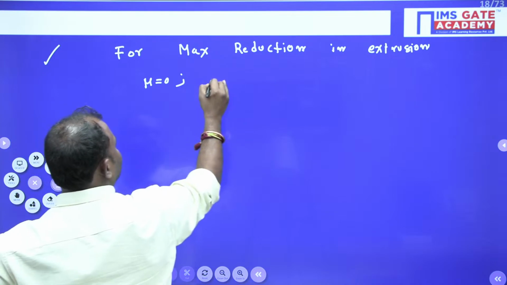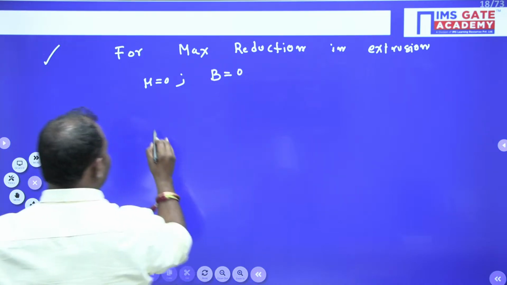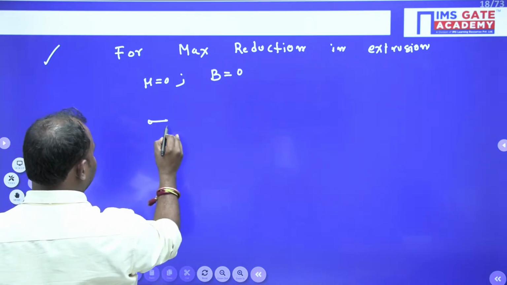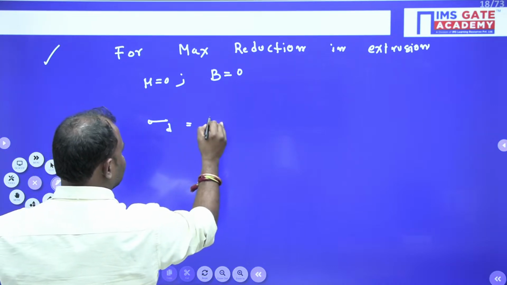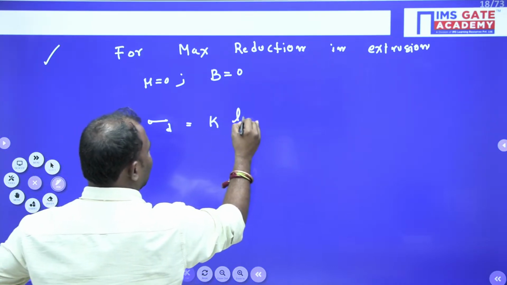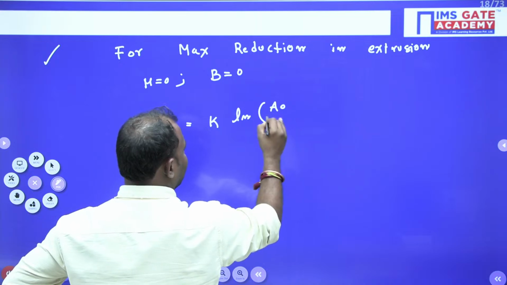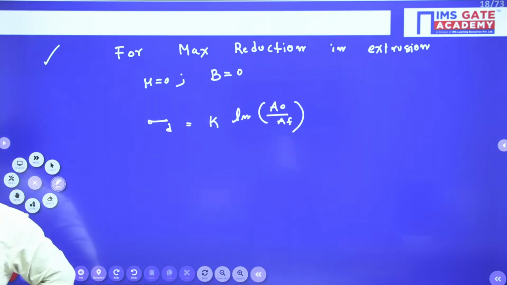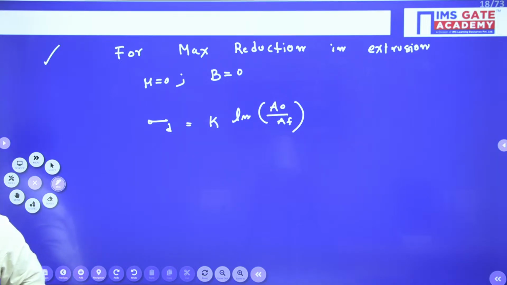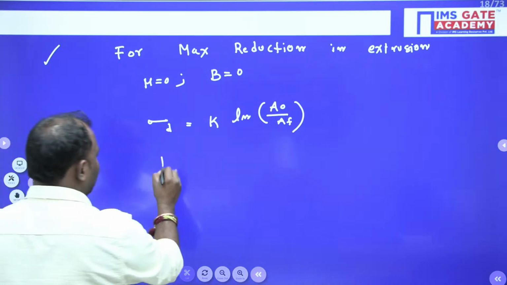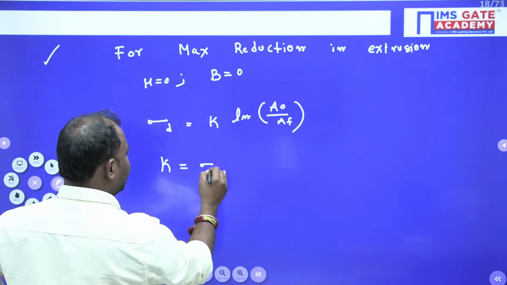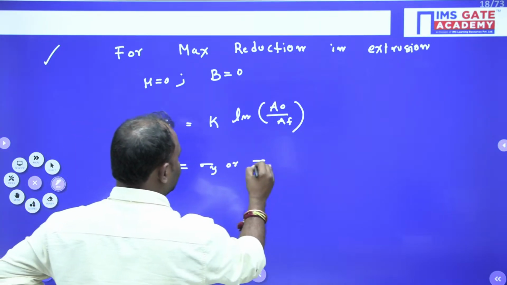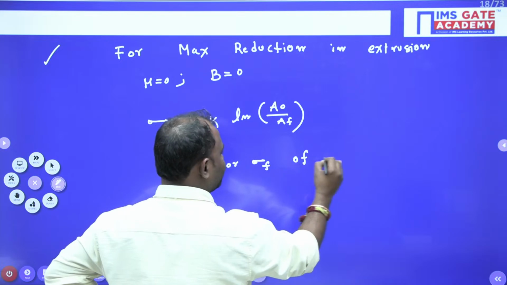If mu equal to 0, then B equal to 0. In that case, the extrusion stress can be calculated as K into ln of A naught by AF, for the maximum reduction case, where K is the yield strength or flow stress of the material.